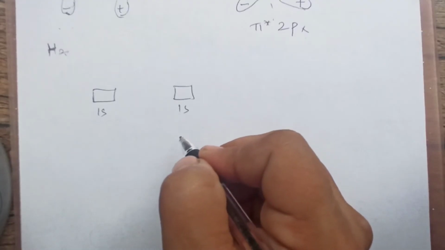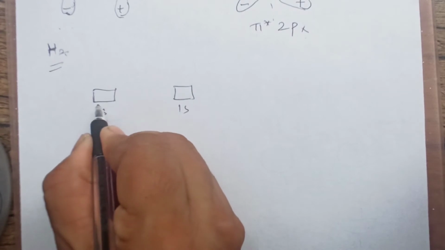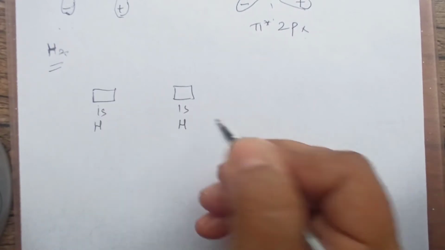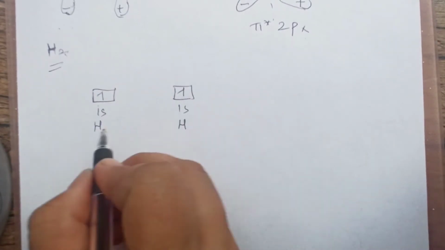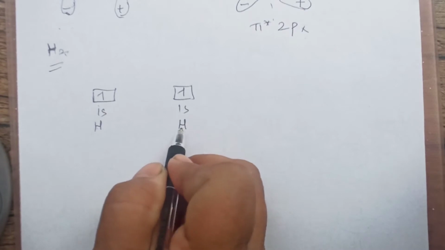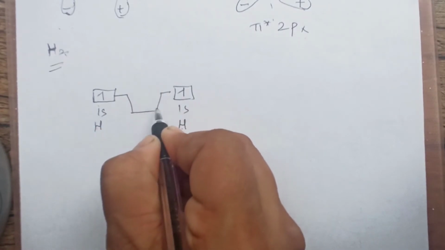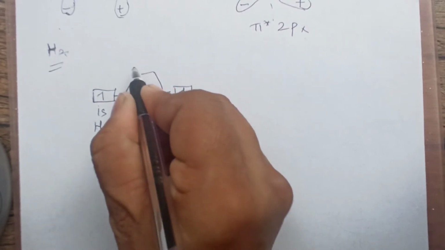So first I'm applying to H2, the hydrogen molecule. So 1s of one hydrogen atom. This is also another hydrogen atom. This is having one electron. This is having one electron. So 1s of one, 1s of another hydrogen atom, they will combine and will result in the formation of two molecular orbitals.